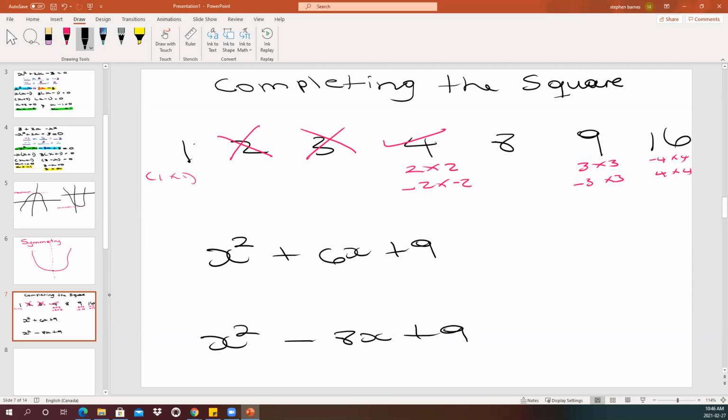Which one of these algebraic expressions is a perfect square? Just like when you know that 4 and 9 are perfect squares, which one of these, A or B, is a perfect square?